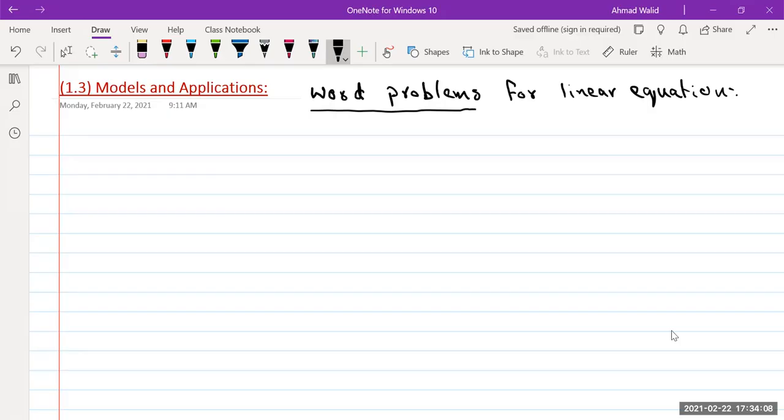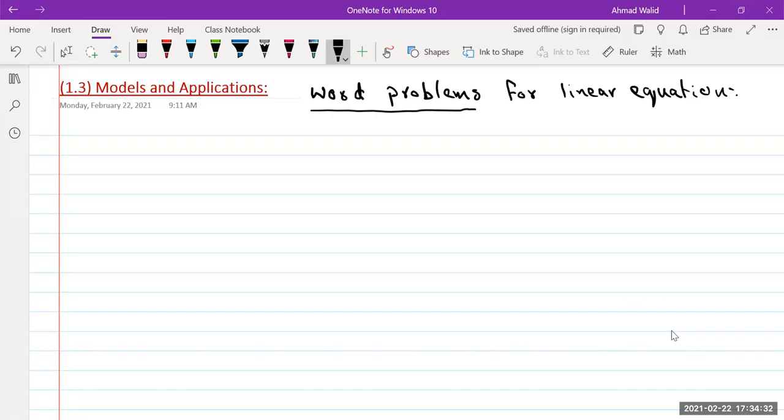Also, the other part is geometric problems. We will discuss those. And at the end, we will discuss solving a formula for a specified variable. Of course, in your test, whatever the homework is, that one will be involved.